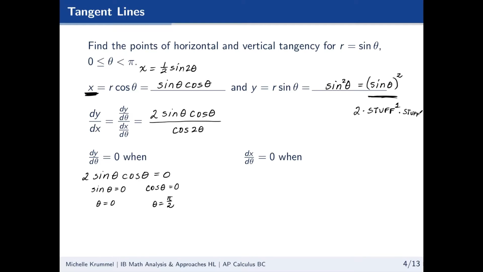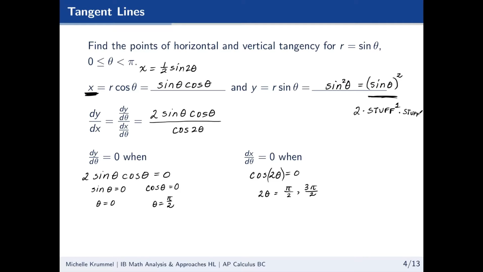Now let's go ahead and solve dx d theta equals 0. So that will be true when cosine of 2 theta equals 0. And the cosine of an angle equals 0 when the angle, and here the angle is not theta, the angle is 2 theta. So whenever the angle is equal to pi over 2, 3 pi over 2, and I could keep going, but I know I'm only going to have 2 solutions at most.